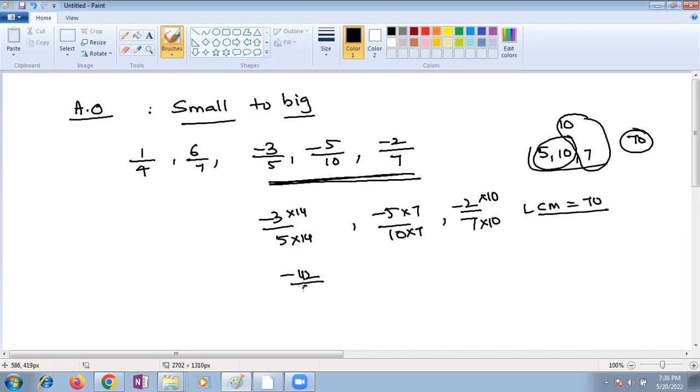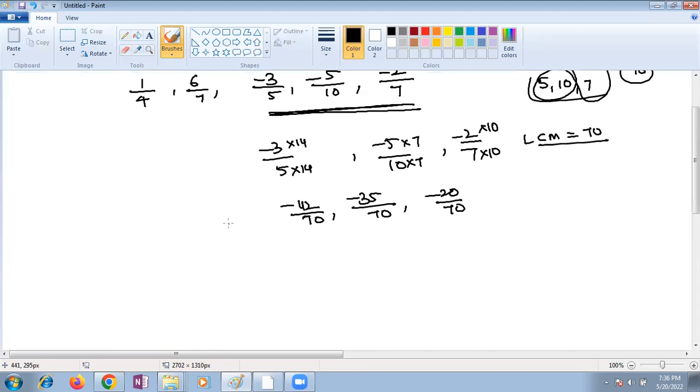Minus 42 by 70, minus 35 by 70, minus 20 by 70. Which is greater? With negative integers it is quite opposite. Which is greater, which is smaller? Is minus 42 by 70 greater or smaller?